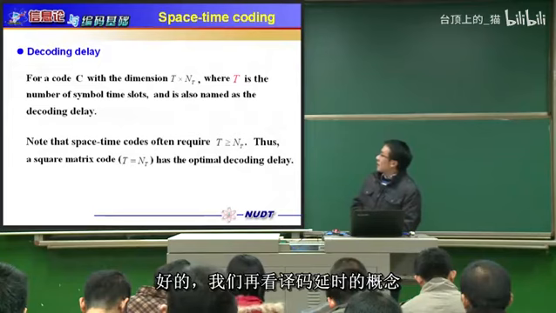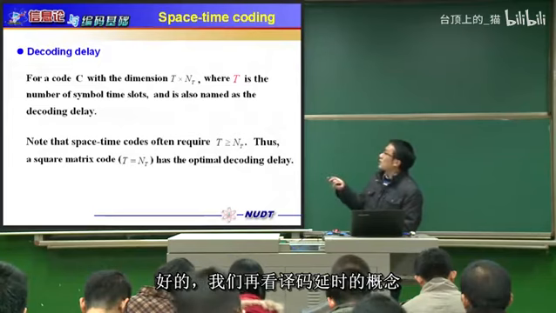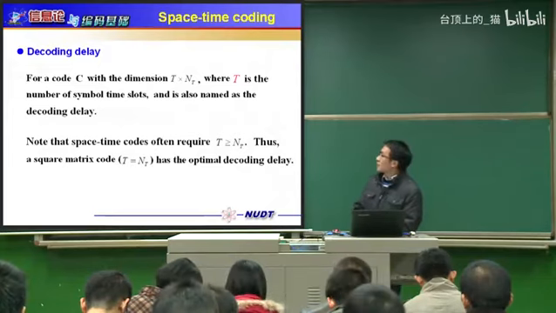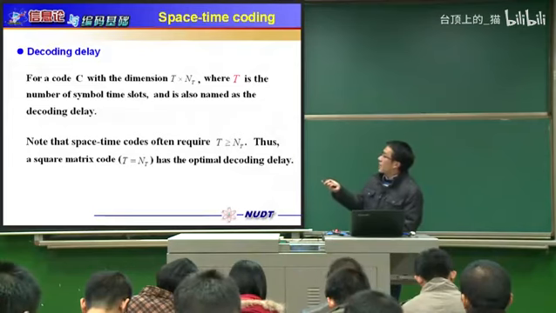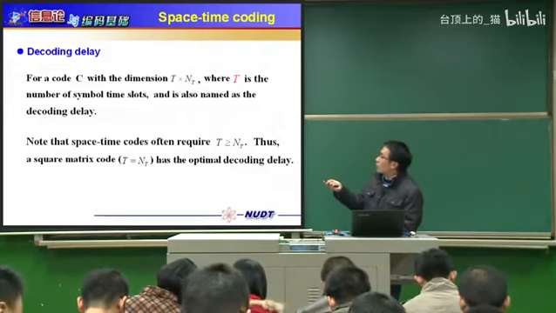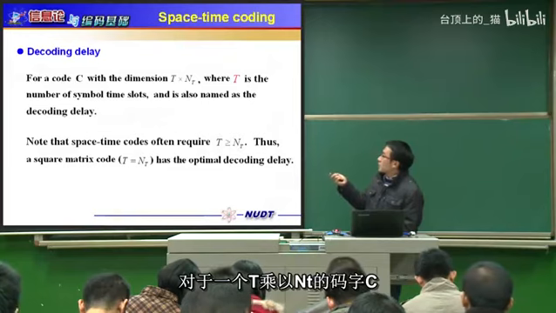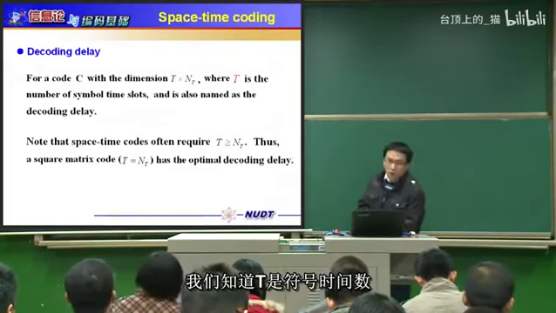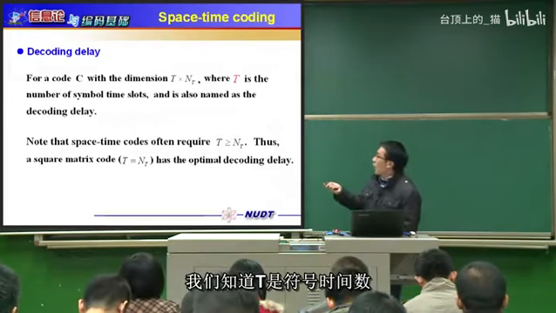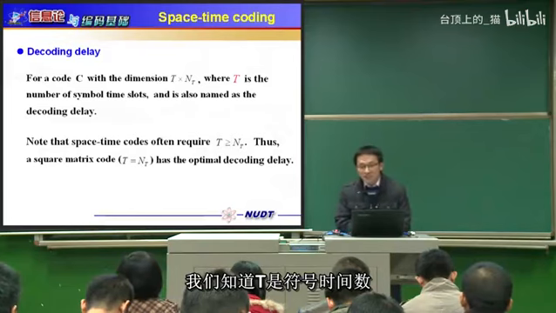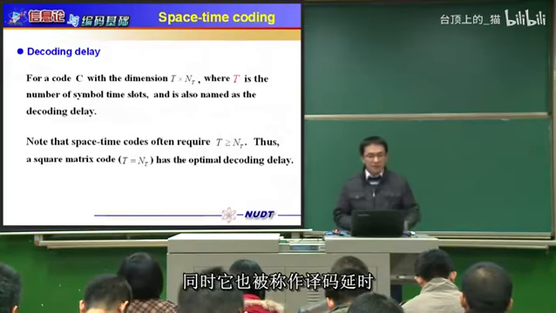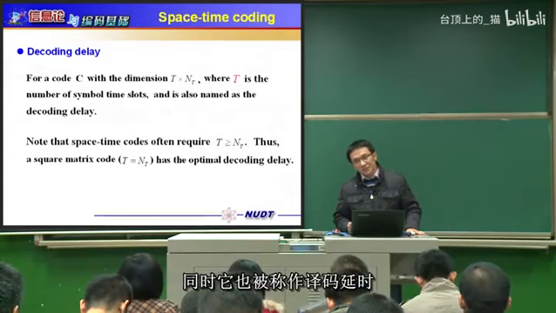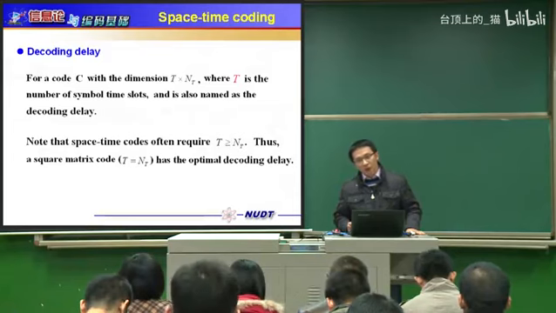And another concept, decoding delay. What is decoding delay? For a code with a dimension of T by NT, we know T is the number of symbol time slots, and T is also named the decoding delay. Why?